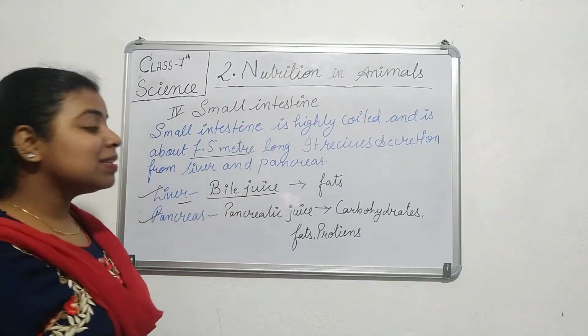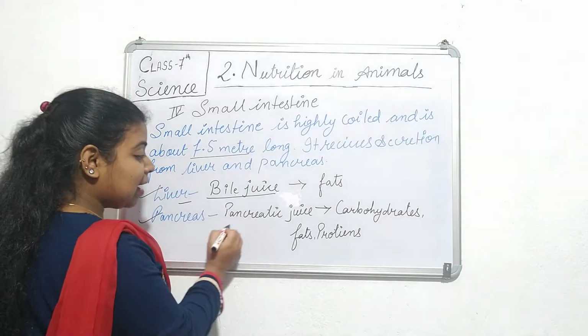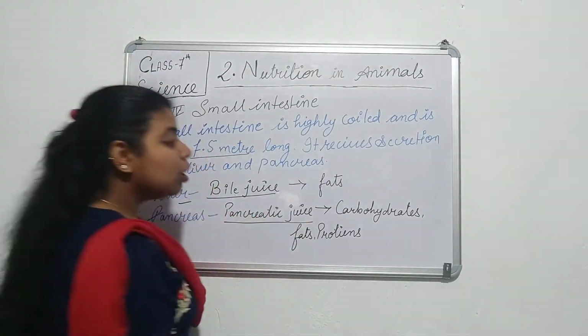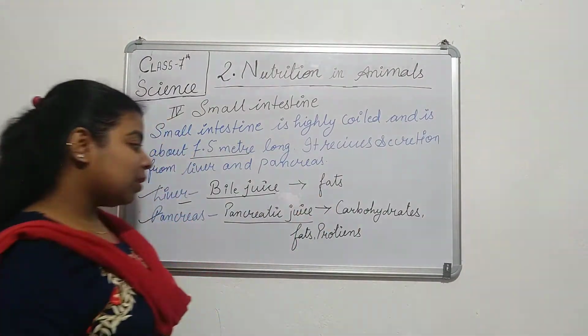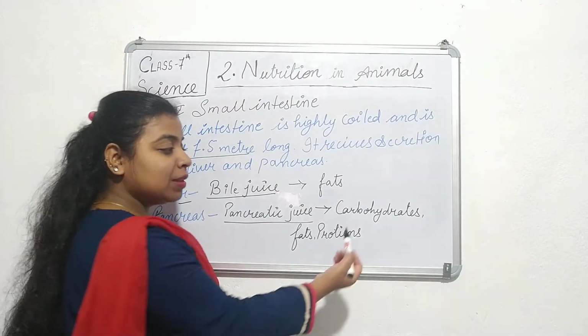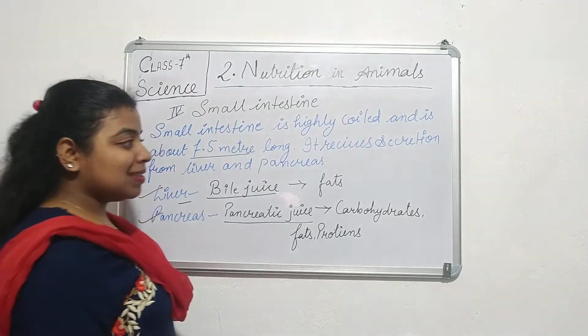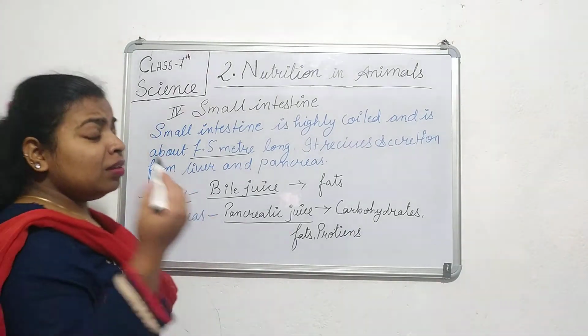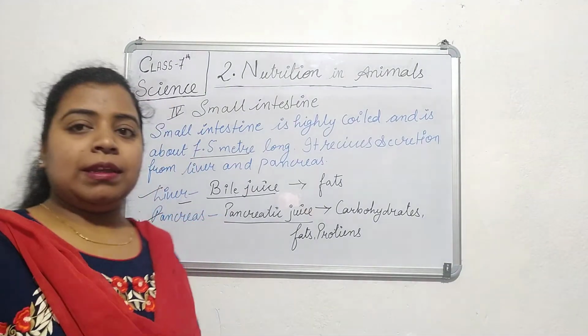Always remember this. This can come as a 1 mark question in your examination. And the pancreas secretes pancreatic juice. Bile juice helps in the digestion of fats, whereas pancreatic juice helps in the digestion of carbohydrates, fats, and proteins. So, in the small intestine, the digestion of food takes place.